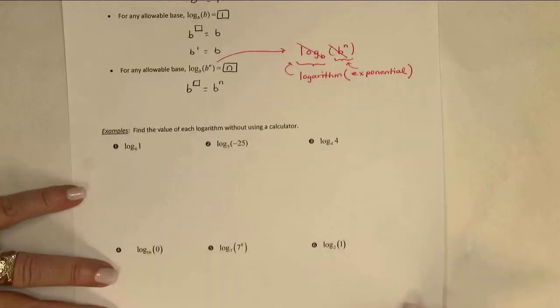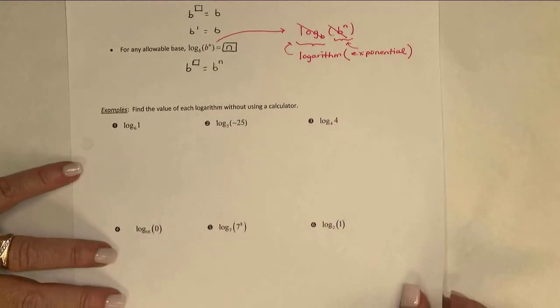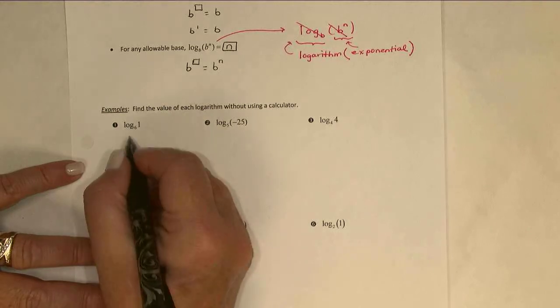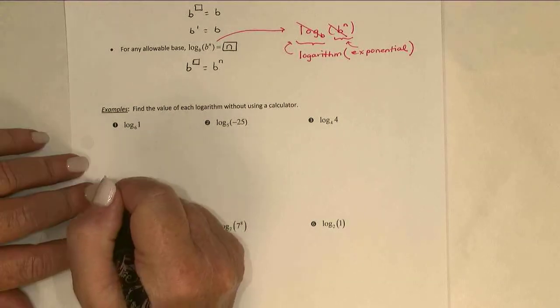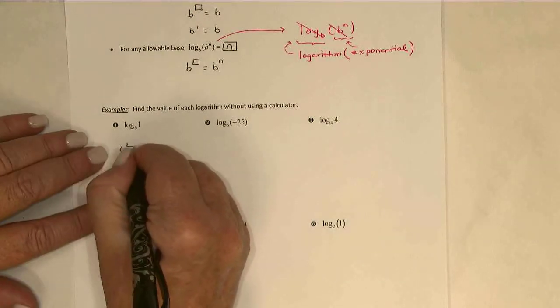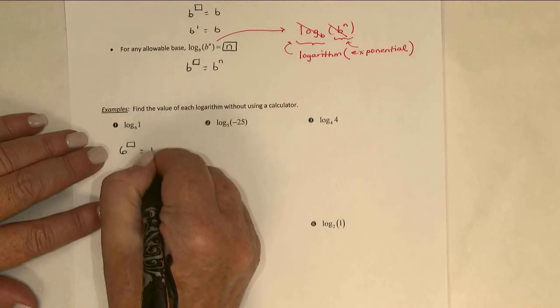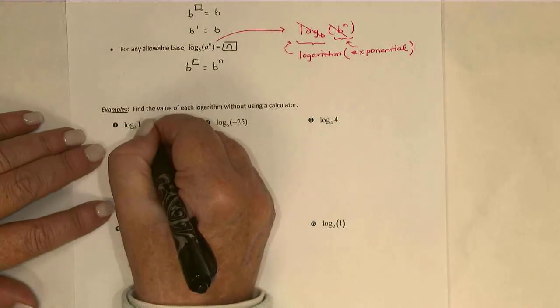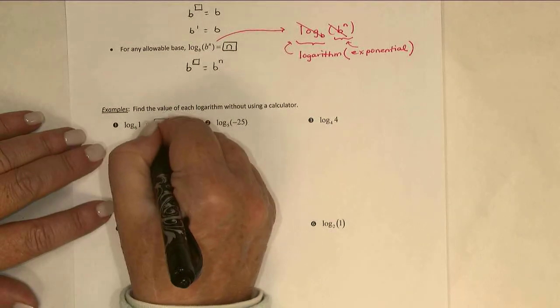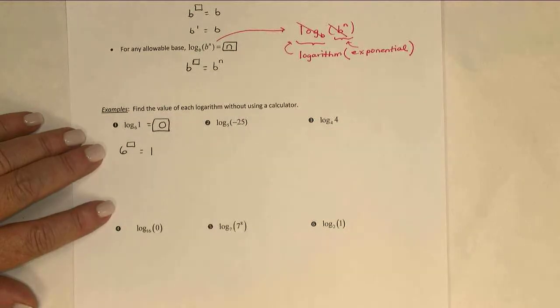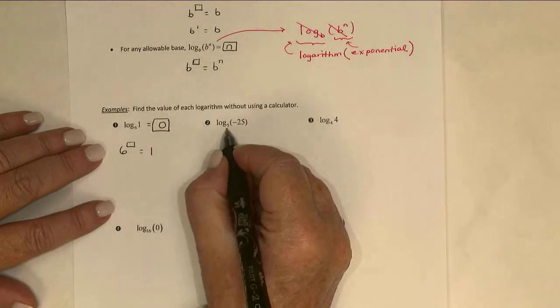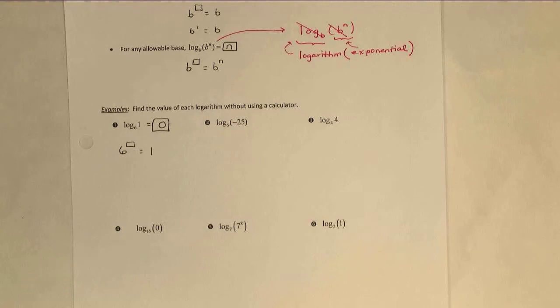All right. Using these properties, we should be able to answer these questions fairly quickly. The log base 6 of 1. 6 to what power is 1? Well, that would be the 0 power. Log base 5 of negative 25.